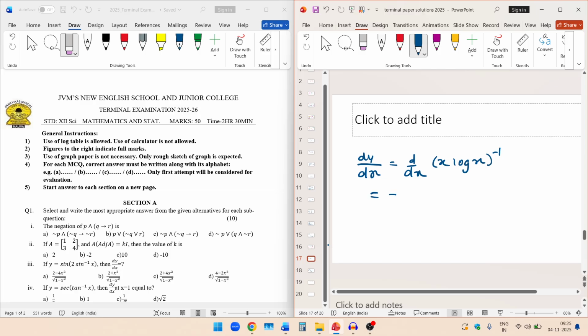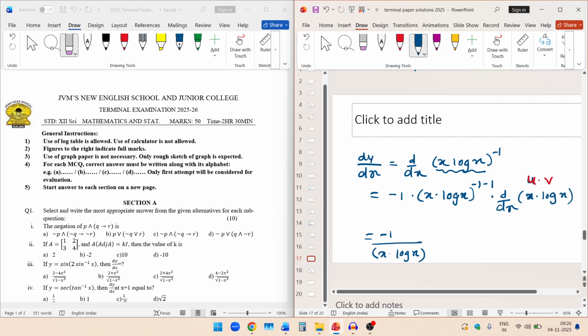This is minus 1 into x log x to the power minus 1, times d by dx of this inner function, which is x log x. So here I have to use u into v: d by dx of u into v is u into derivative of v plus v into derivative of u.